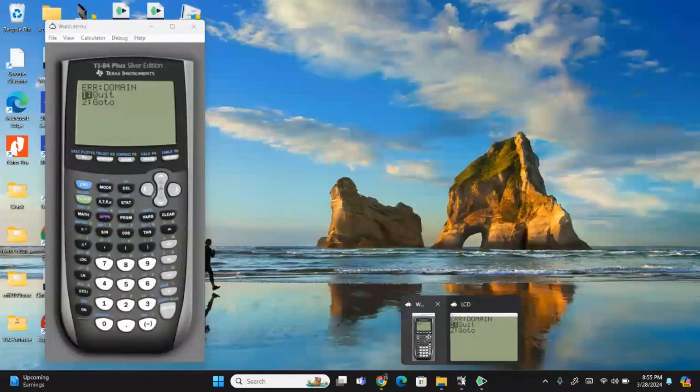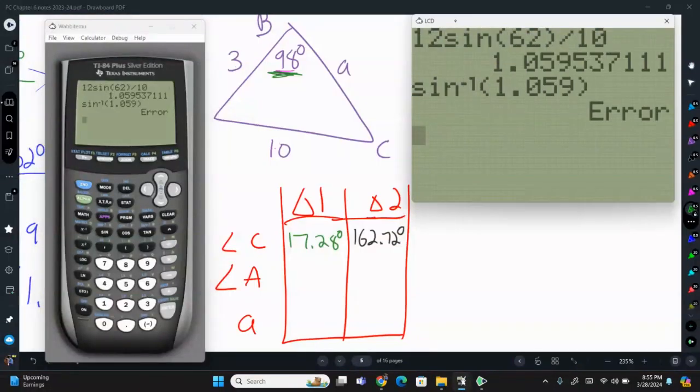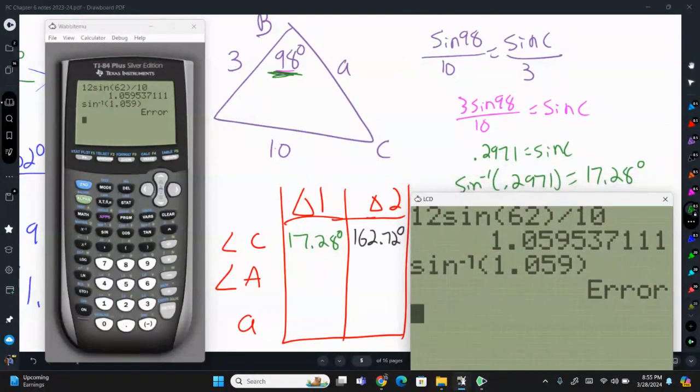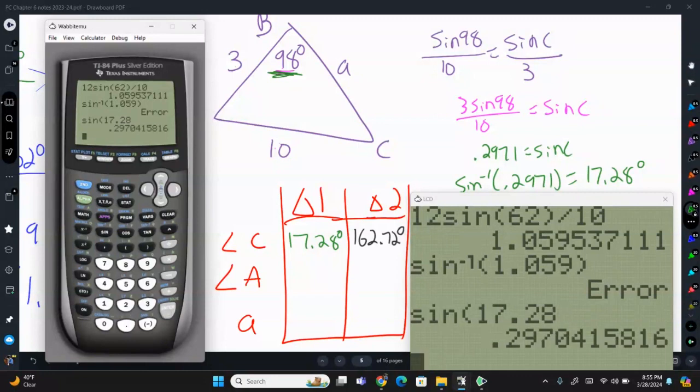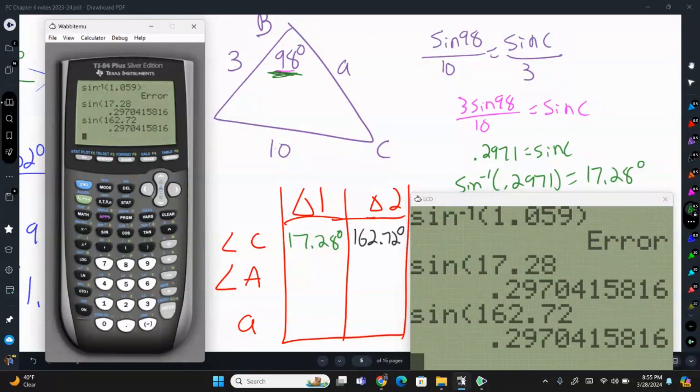So I want to show you. If I do the sine of 17.28, I get 0.2971. If I do the sine of 162.72, I get the same thing.